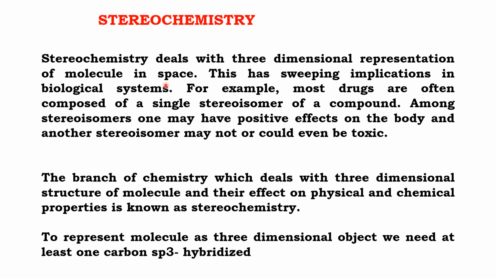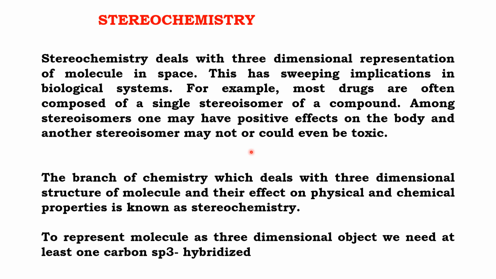From one-dimensional and two-dimensional, I am seeing the molecule in a three-dimensional pattern, and this reflects the stereochemistry of that particular molecule or compound. And the importance of stereochemistry is that in our biological systems, many reactions are directed by the stereochemistry of the molecule.